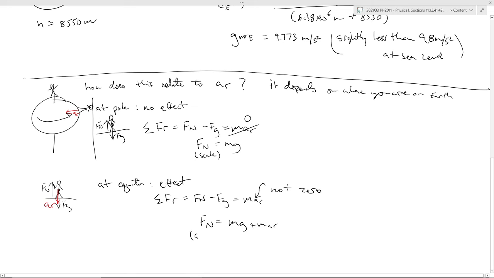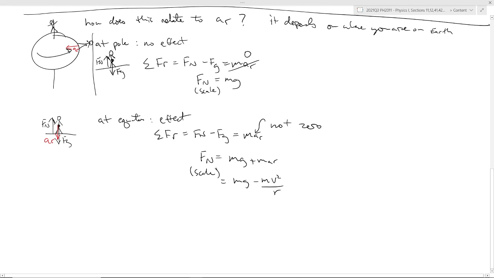If you want to think of this as being like the force that you would register on a scale if you were standing on a scale, you can see this looks like mg. So we can substitute in what we know a_R can be expressed as, v squared over r, and then we can divide out the mass.